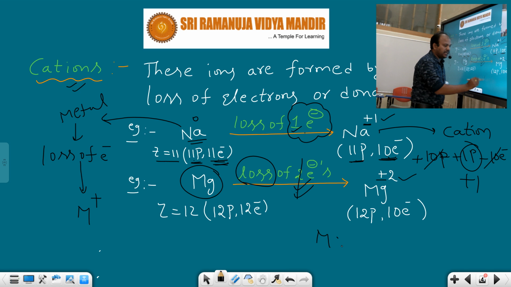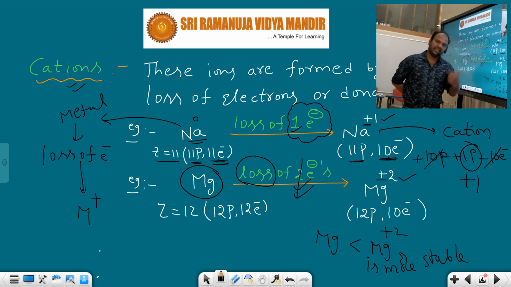For stability, atoms can be converted into ions either by loss of electrons or by gain of electrons. Cations are formed by loss of electrons. Gaining electrons gives anions, which is a different concept I will tell you about. Here magnesium is a metal. Metals are always capable of donating or losing electrons, and then the metal gets a positive charge. Why?